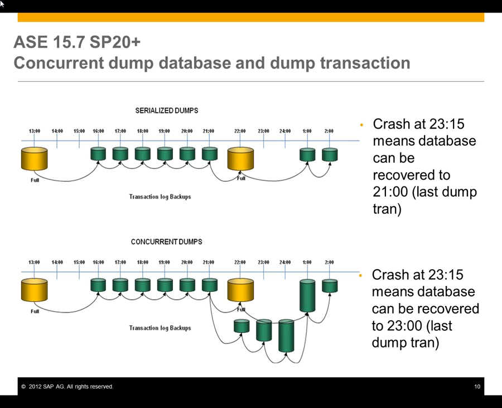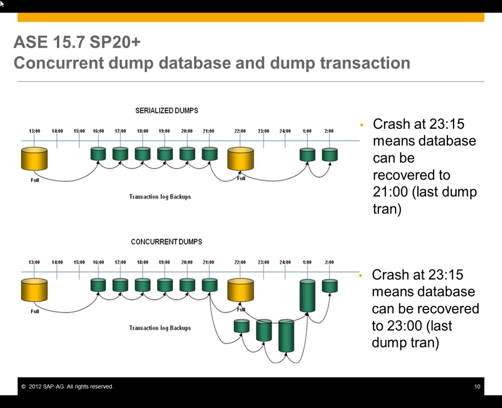In the SAP world, I would say the average size is now well into the 10 terabyte range for ASE. And we're seeing these BW data mart implementations that are 20, 25, 30 terabytes running on ASE. So one of the things we had to do to manage databases of that size is to allow concurrent dump database and dump transaction to happen at precisely the same time.